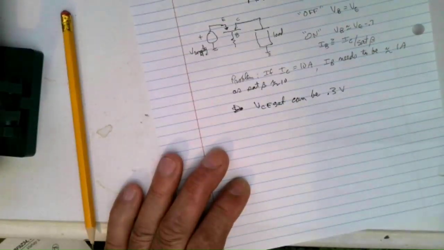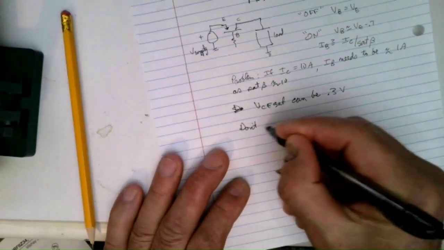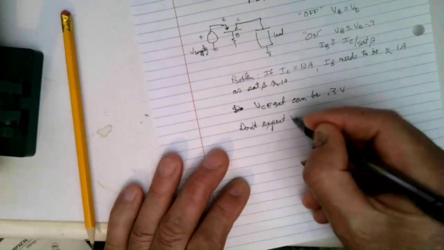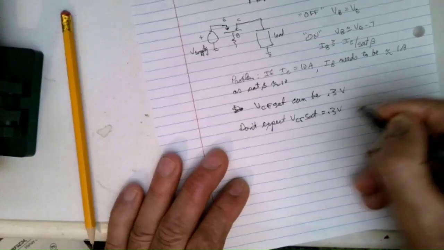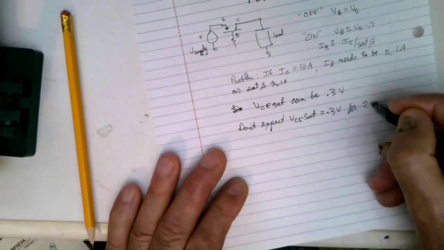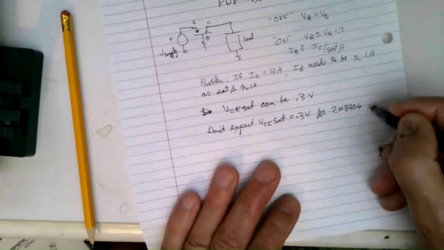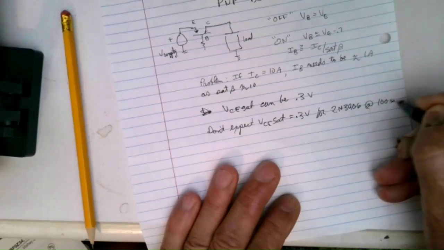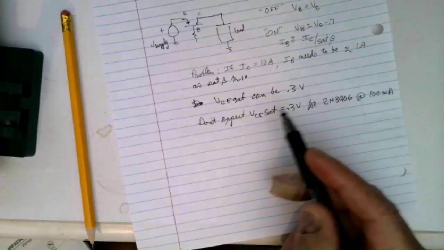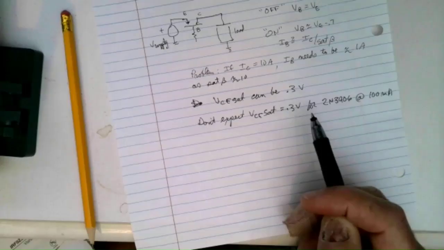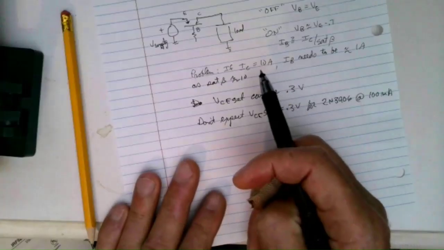That's not unreasonable to expect, but don't expect VCE SAT equal 0.3 volts for a 2N3904 or 2N3906 in this case, because that's a PNP, at 100 milliamps. If you're running a small device like that near its maximum current capability, you won't be able to get really good VCE SAT. So, again, I think that pretty well states the problem.